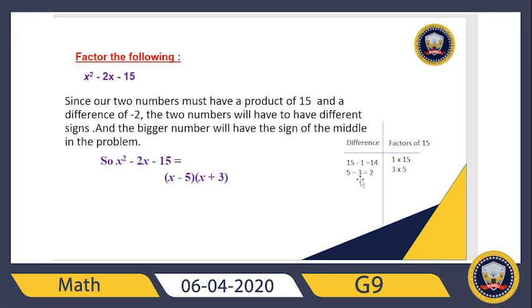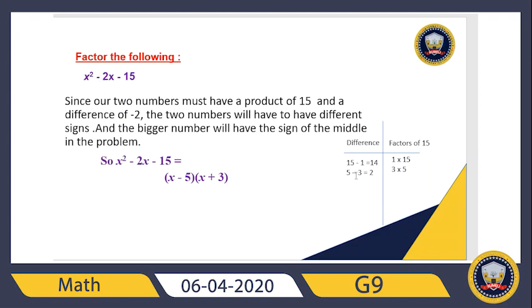Now I know the two numbers which I'm going to write inside my 2 brackets are 5 and 3. Which number is going to be beside the negative sign and which beside the positive sign? Put it in your mind: the bigger the winner. It's a rule. It means the bigger number of these two numbers will take the sign of the middle term.